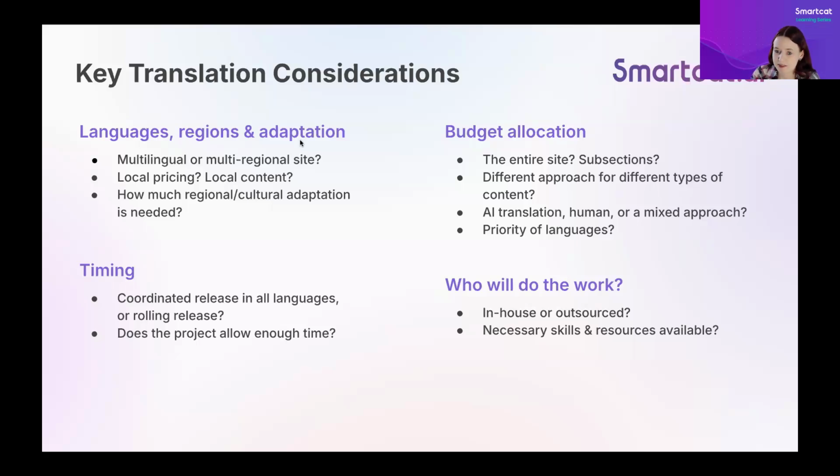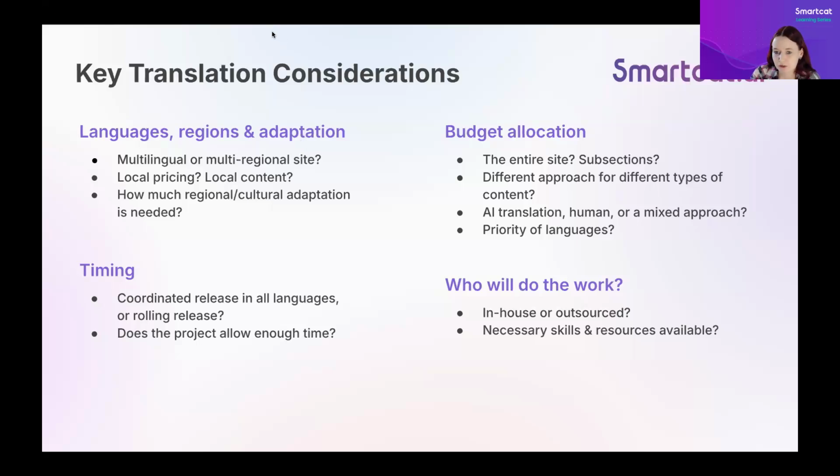Is there any specific local content that you'd need to use? Would you need to adapt that content to take into account particular cultural or regional specifics of the target market? So from the linguistic point of view, quite a bit to consider there right off the bat.